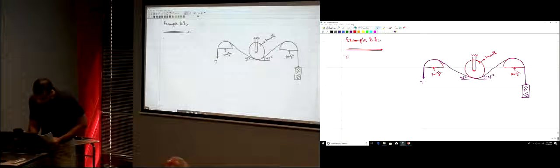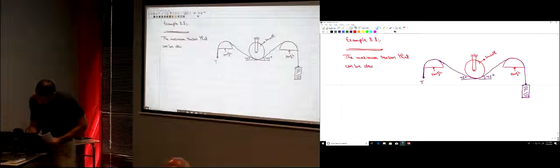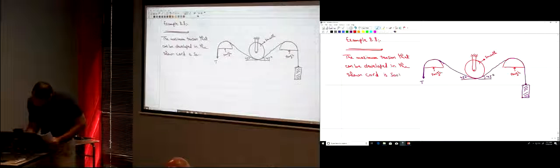So it says here that the maximum tension that can be developed in the shown chord is 500 newtons.